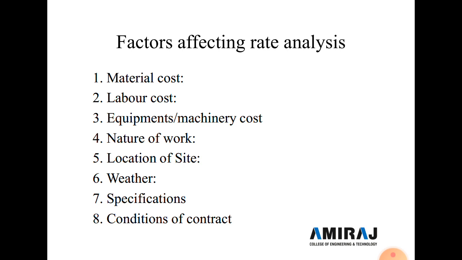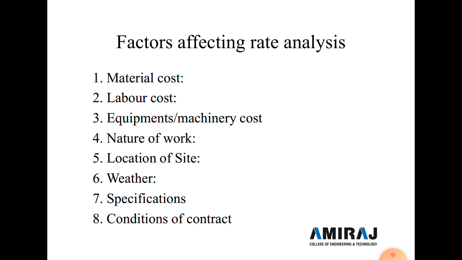So if we increase the quality, the overall cost of the material is increased and labor cost is increased, because skilled labor is required for quality workmanship. So as per the specification, we complete the task for superior quality, so a higher rate is paid to the contractor.